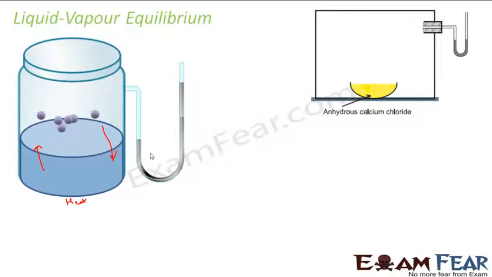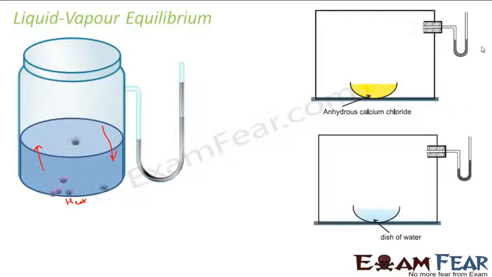Another example you can have is this kind of jar, a three-dimensional jar actually, and put some anhydrous calcium chloride in it. What this calcium chloride will do is take out all the water molecules from the air here, so the air will become very dry. Once the air is dried and the pressure is the same here, you add a dish of water, you don't even need heat.